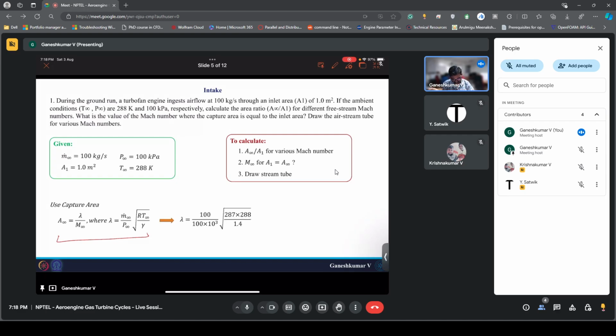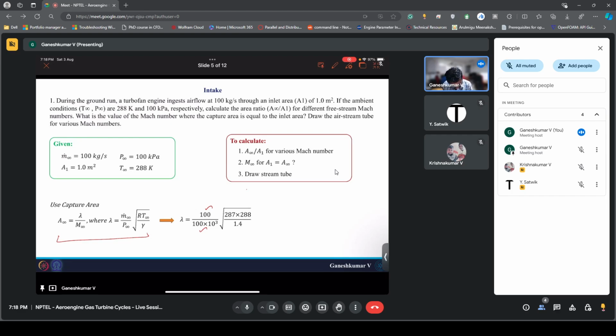Okay, first we need to find out lambda. For lambda we have m dot as 100 kg per second, P infinity as 100 kilopascals. R I'm taking as 287, it's for air, we all know. And then temperature T infinity is 288 Kelvin, and gamma is 1.4.